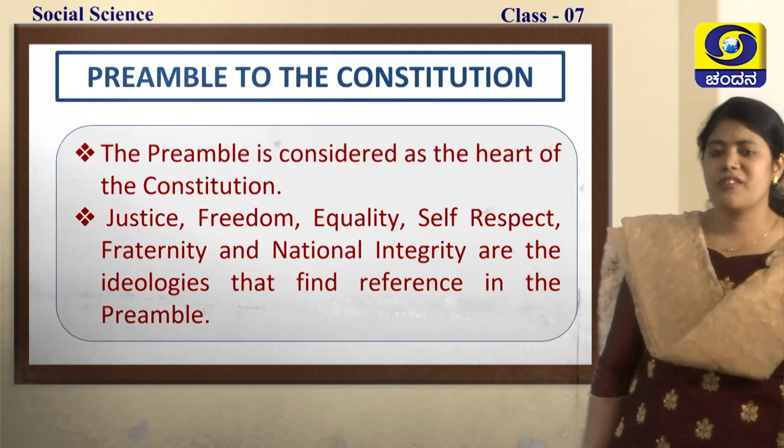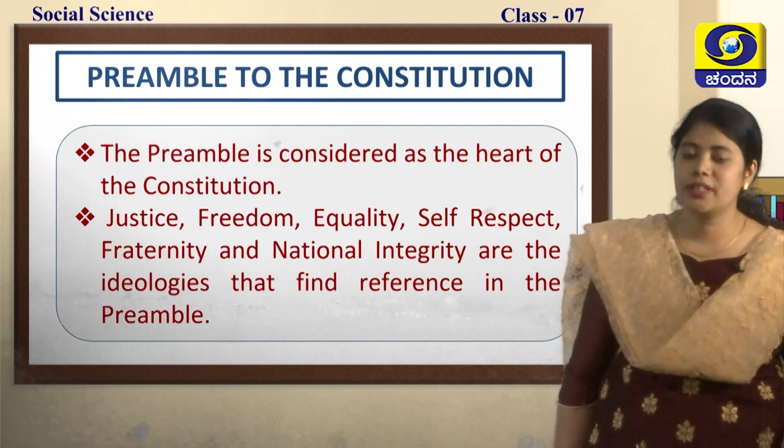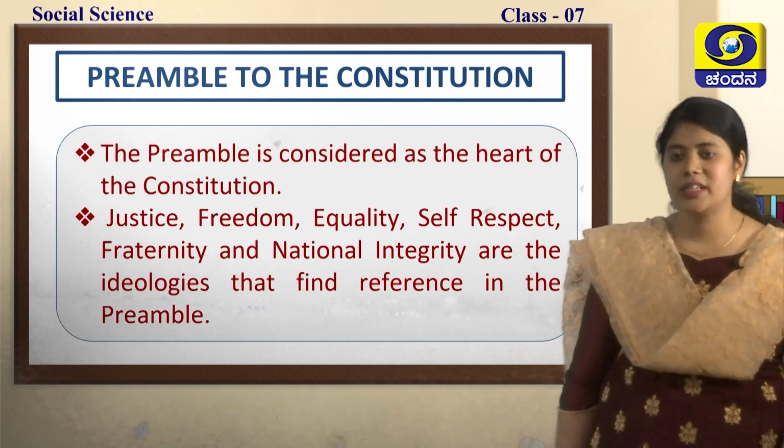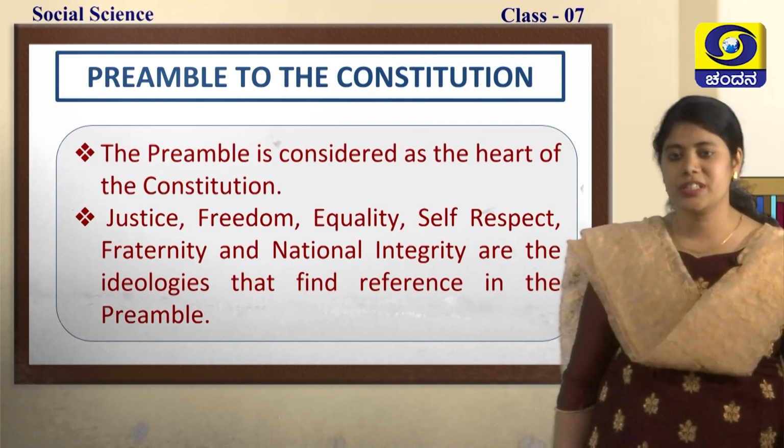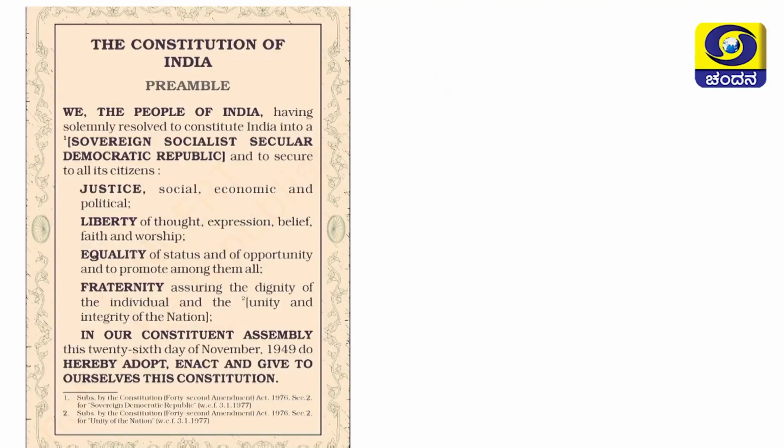So, we have several terms in this, like we have sovereignty, socialist, justice, freedom, equality, self-respect, fraternity, national integrity, okay. All these terms are mentioned in preamble. The constitution of our country starts with a phrase called "We, the people of India."